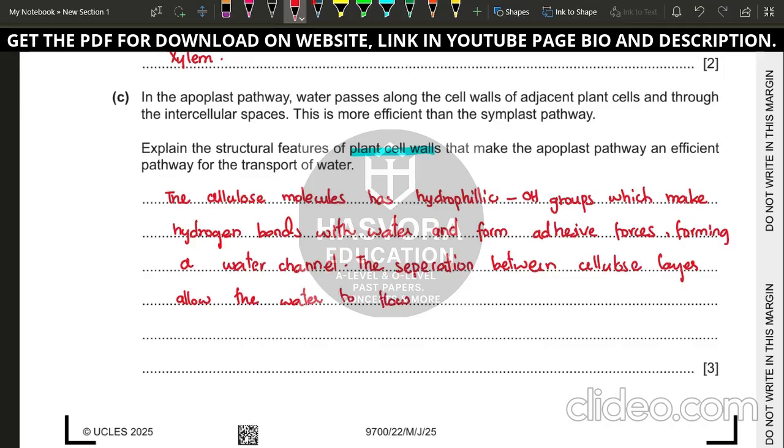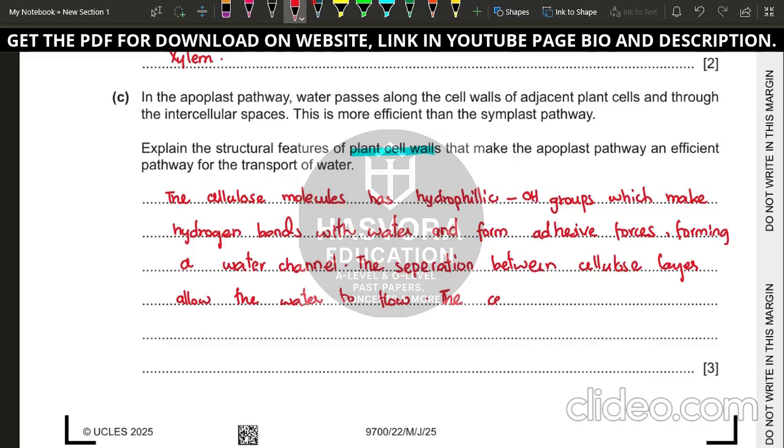And the third point can be, we can write it as the cellulose, or you can say the cell wall, actually the cellulose cell wall, or you can write it as cell walls.